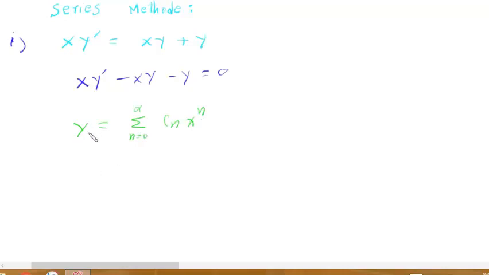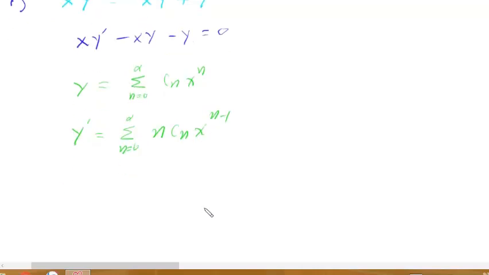Then we differentiate the first time: y' = summation n = 0 to infinity n c_n x^(n-1). We take the derivative of this, and now we put these values into the equation.